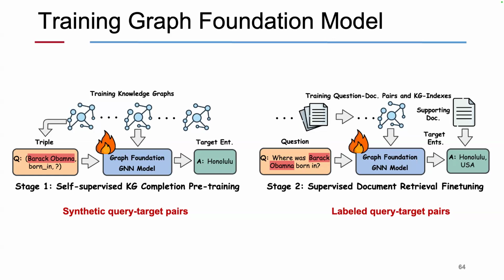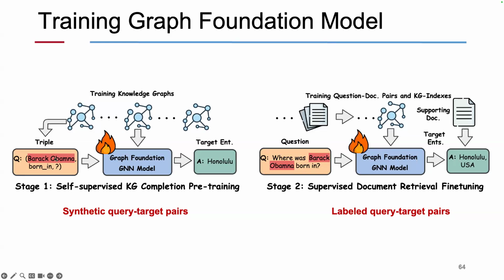We sample lots of triples, for example, Barack Obama was born in Honolulu. Then we simply mask out the tail entity. So we can generate lots of pseudo queries or synthetic queries, like Barack Obama born in, then we try to predict the tail. It's just a synthetic query that can be utilized to initialize the parameters of our foundation model.